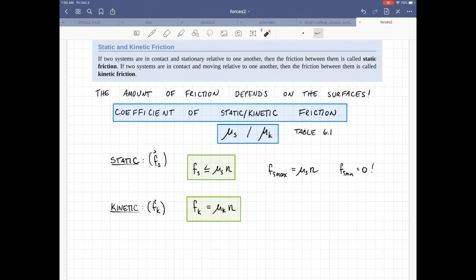And so what that tells you is that if your object is at rest, it would take more force to get the object moving than it would once it starts moving. Then the kinetic friction is less. It takes more force to get it moving than it does to keep it moving at the same constant speed.